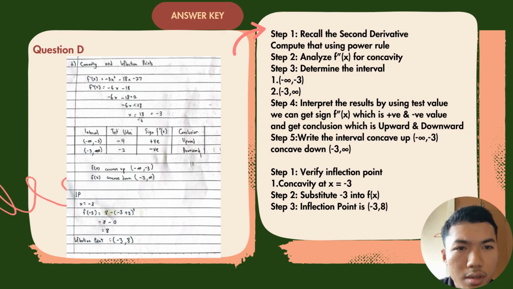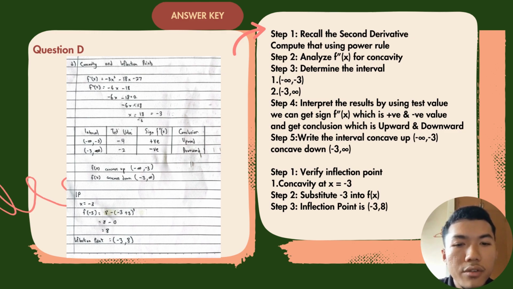Step 4. Interpret the result by using a test value. We get the sign of f double prime of x, which is positive and negative, and get the conclusion, which is upward and downward. Step 5. Write the interval: concave up, negative infinity to negative 3; concave down, negative 3 to positive infinity.